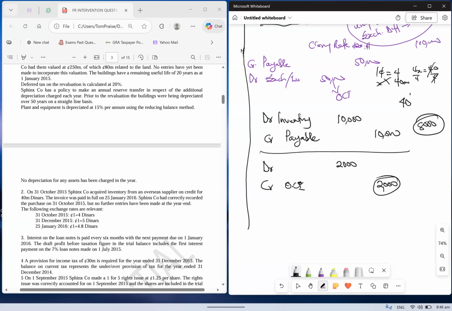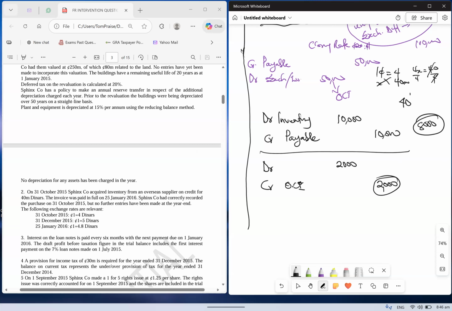Now, if you decide to take the thing straight to P&L, you are not wrong, because up to now there is a current discussion ongoing about this 2 million: should it go to OCI or should it go to P&L?